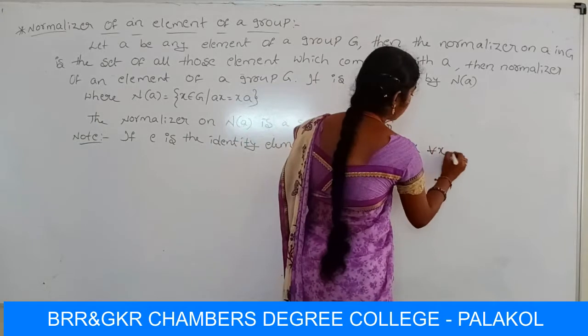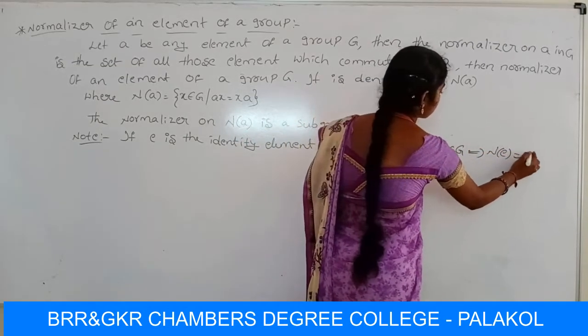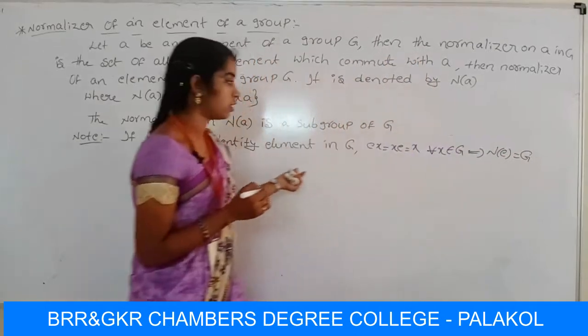So for all x belongs to Z, that implies n of e equal to Z. This is the note point.